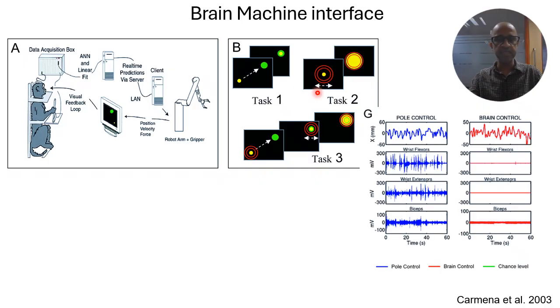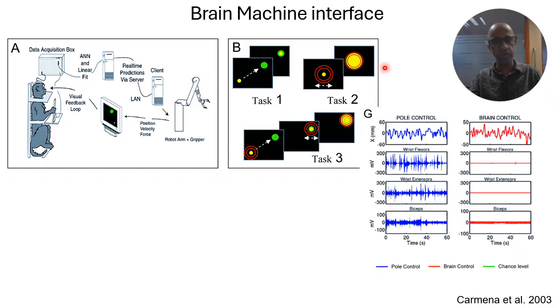So basically, the idea is that as the monkey grips, there is a sensor in the pole that measures the pressure applied by the monkey to hold that grip, and that pressure is displayed as the diameter of this yellow circle, and that yellow circle keeps getting bigger and bigger, and the monkey has to control that grip such that it will apply exactly the right amount of pressure so that that yellow circle falls in between these two lines.